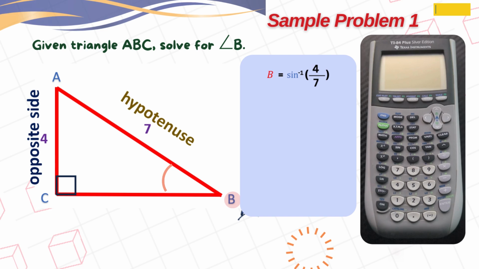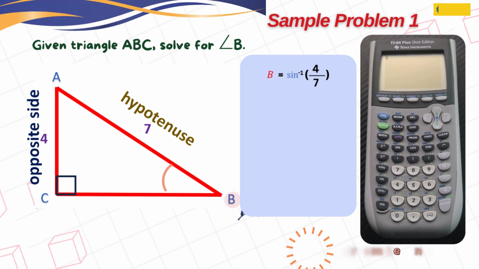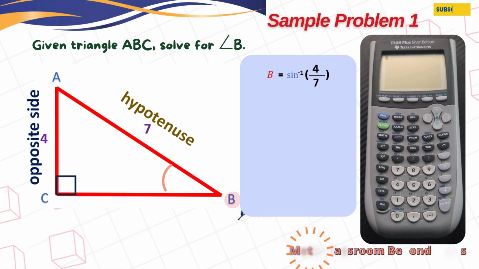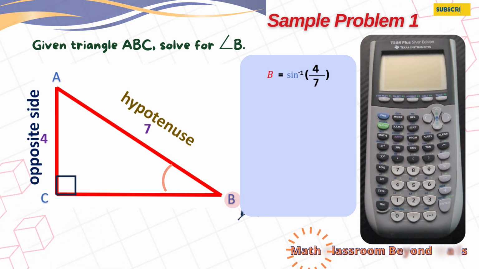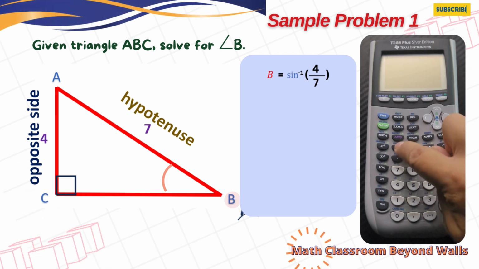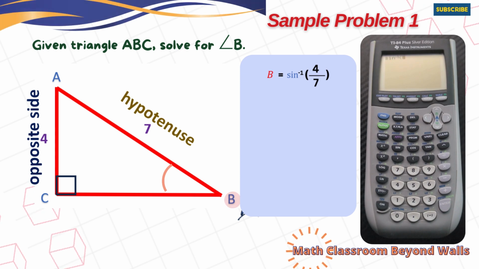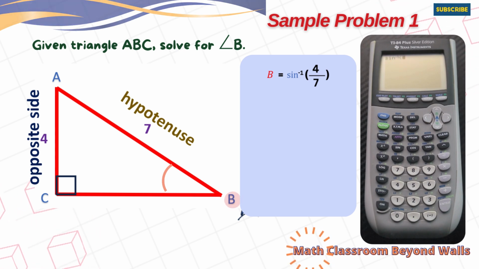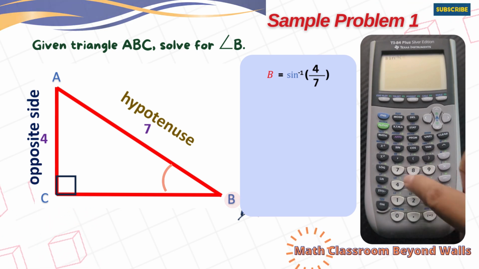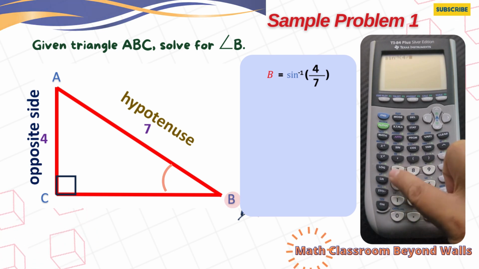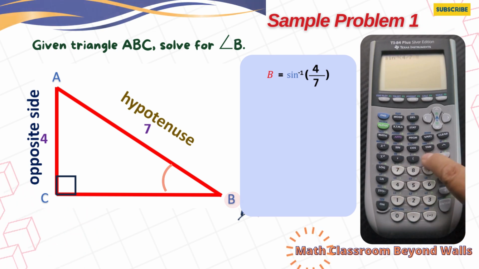For inverse sine, which is sine to the negative 1, activate the inverse sine by hitting second, then hit sine to the negative 1 on your calculator. This is what you will see on the screen of your calculator. Continue by typing 4, hit division sign, type 7, then hit the close parenthesis. You have this now.